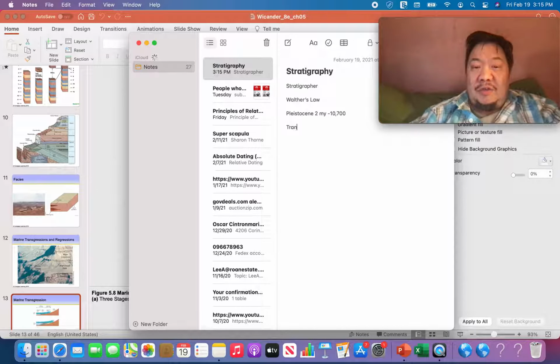So when you get a transgression, transgressions are represented by fining upward sequences of sedimentary rock.